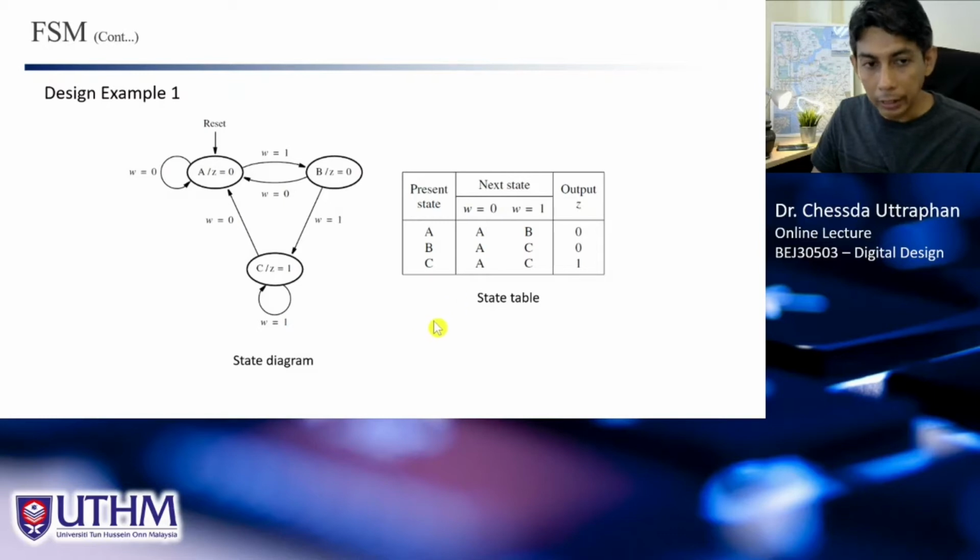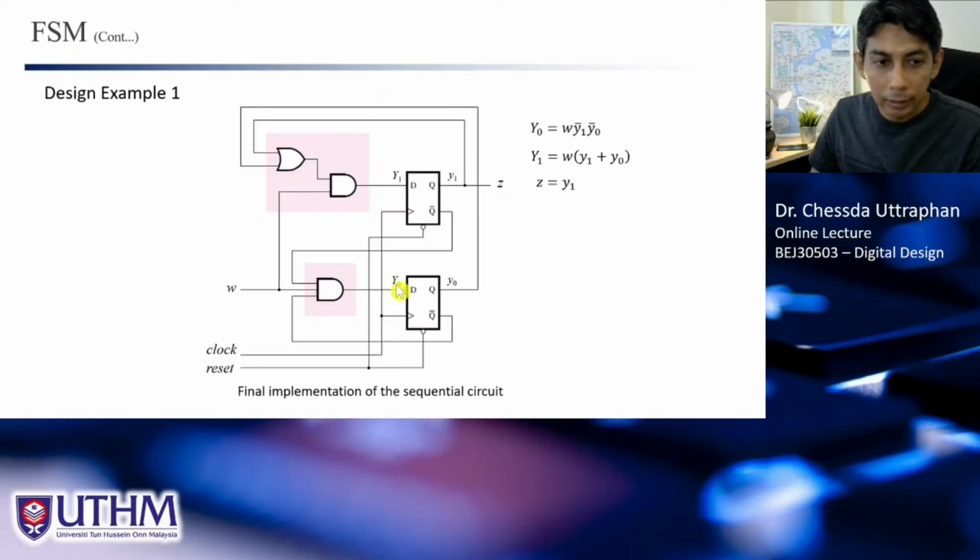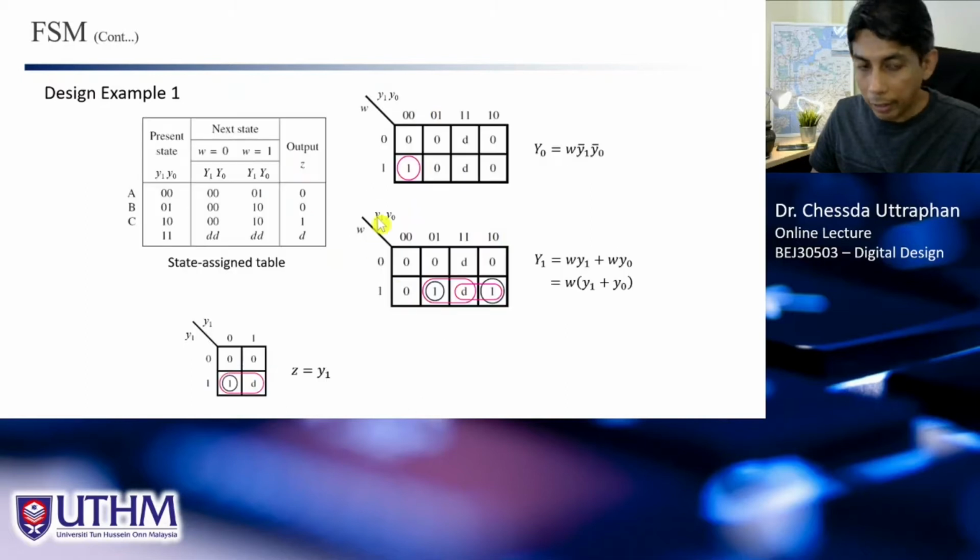If we have 20, we need 5 flip-flops or 5 bits to represent from number 0 to number 19, which means 20 states. So if we have 5 bits, to derive the logic equation for a 5-bit input is not that easy anymore, right?